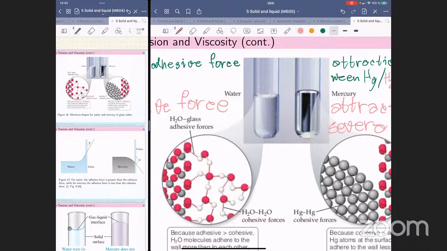But the water molecules close to the capillary wall would have more adhesive force, and it's called adhesive force, right? They try to attract the water molecule around here, and they try to raise the level of the water a little bit up.